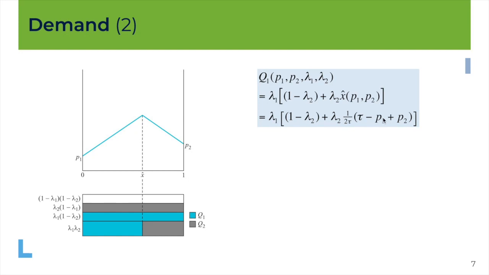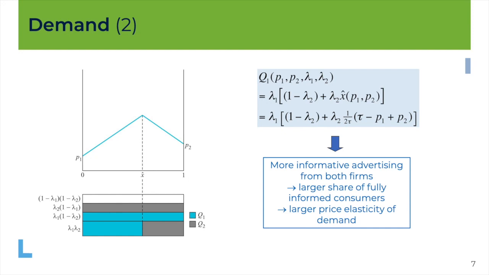I repeat, given prices P1 and P2, and given lambda 1 and lambda 2, which you can see as the proportion of ads that have been sent by the two firms. Okay, so this is depicted here on the graph. Now, the key point here is that if there is more informative advertising by both firms, so if you increase lambda 1 and lambda 2, there will be a larger share of fully informed consumers, these consumers here, and that will make demand more price elastic.